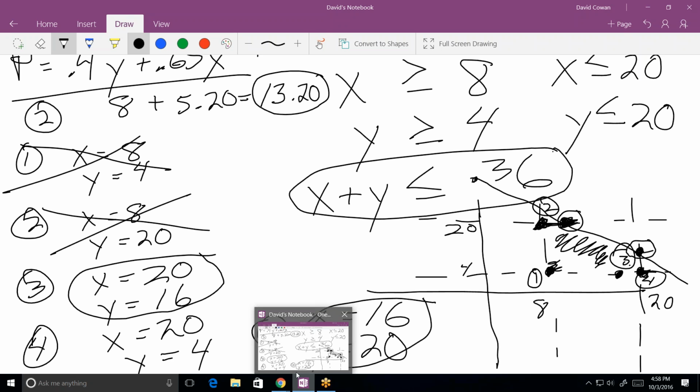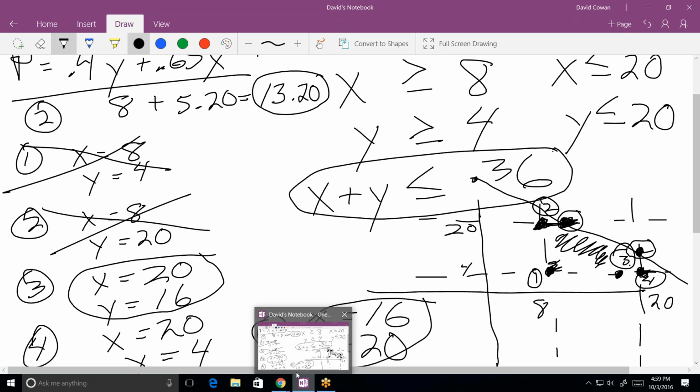These constraints come from real life concerns, but it's not at all obvious which set of x, y is going to produce the greatest profit. But I can tell you right now, it's this one right here, number 3.